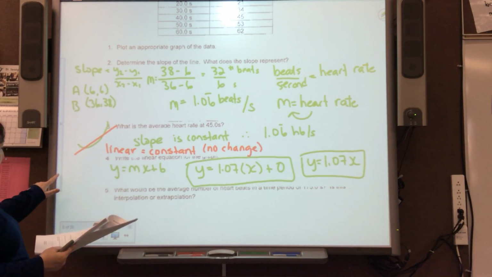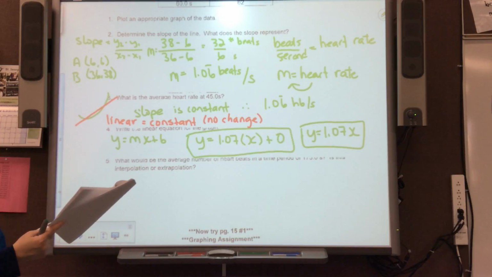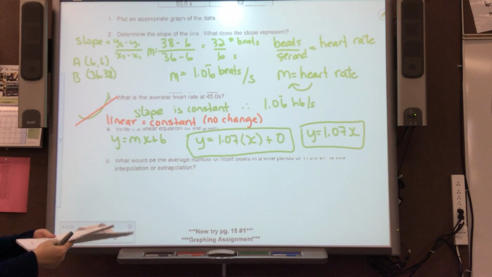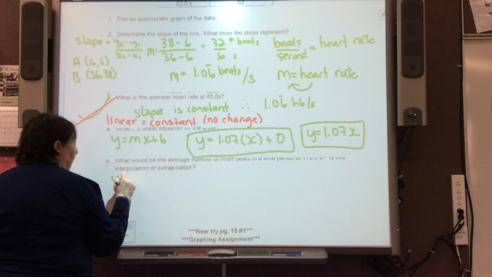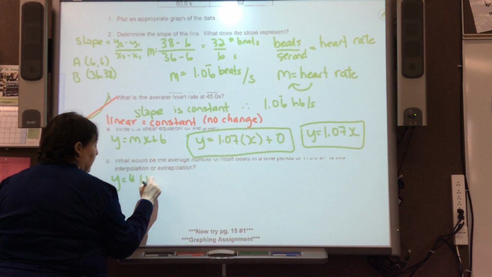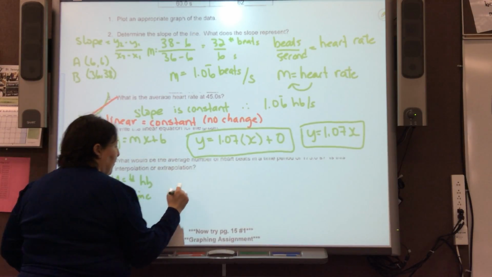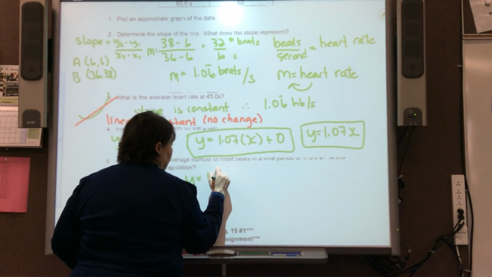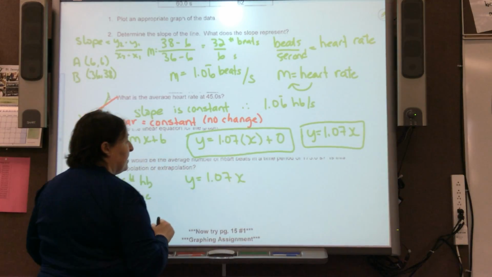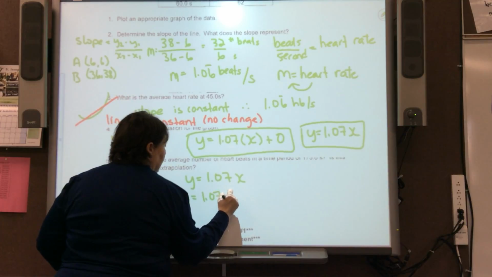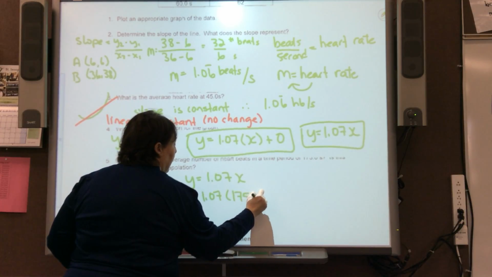What would be the average number of heartbeats in a time period of 175 seconds? Is this interpolation or extrapolation? So that y equals the number of heartbeats, x equals time. And our formula is y equals 1.07 x. So y is equal to 1.07 times 175.